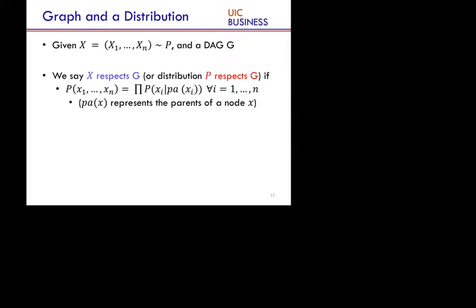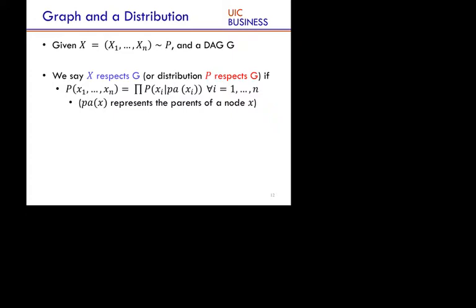Given a bunch of random variables drawn from a distribution P, the joint distribution P that I'm talking about, and a directed acyclic graph G, we say that the set of random variables respects G, or equivalently the distribution respects G, if the joint distribution, expanded, is in the product form, a product over every random variable in the set conditional on its parents.